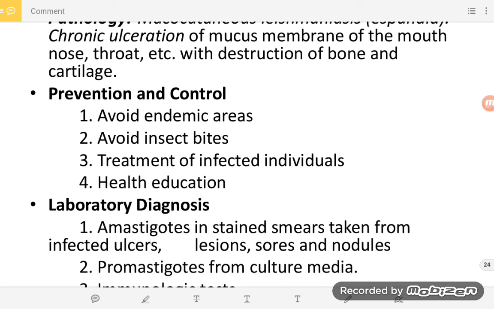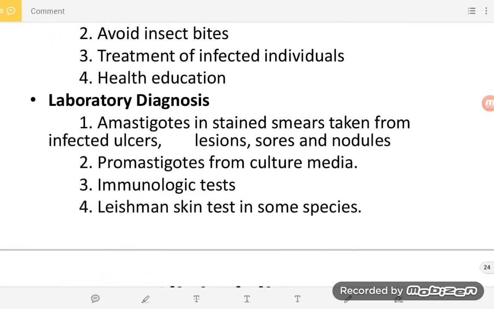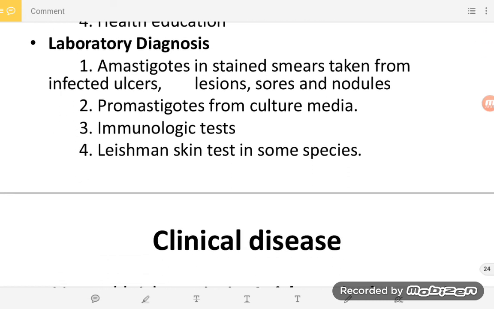Health education. Laboratory diagnosis: here also we can identify the amastigote form in specimens, especially ulcers, lesions, sores or nodules, by using stains like Giemsa stain. In culture we can see the promastigote form. Also immunological studies and the Leishmanin skin test.